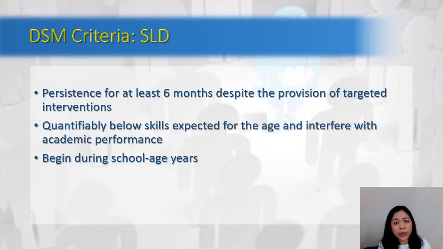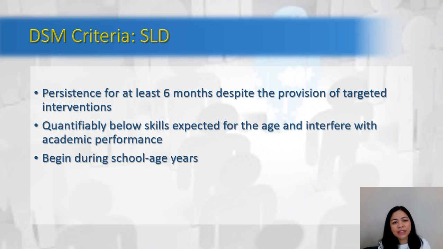They have to undergo at least 6 months of targeted interventions first because more often than not, the child's difficulty with academics is not due to a specific learning disorder, but just due to a lack of adequate instruction.